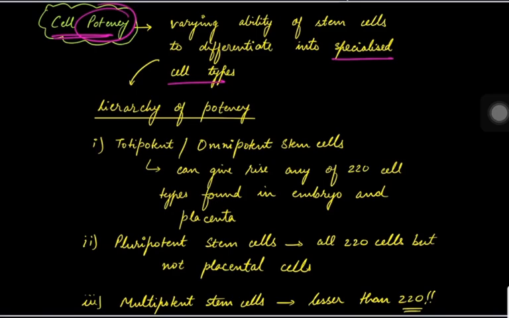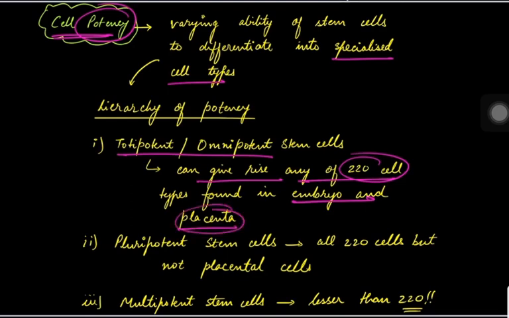For example, there are totipotent or omnipotent stem cells. The totipotent or omnipotent stem cells can give rise to any of the 220 cells that are found in the embryo as well as the placenta. They have the highest potency, that is, they can convert into any kind of cell that can be found in the human body. Then there are pluripotent stem cells.